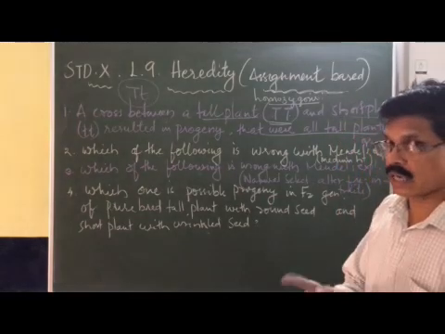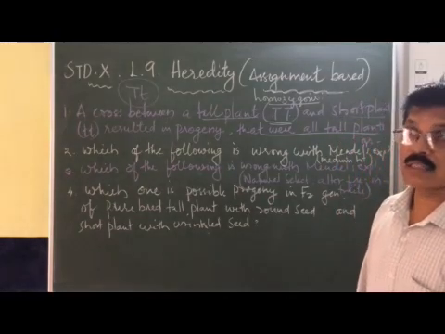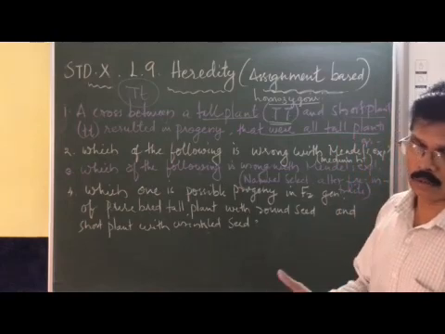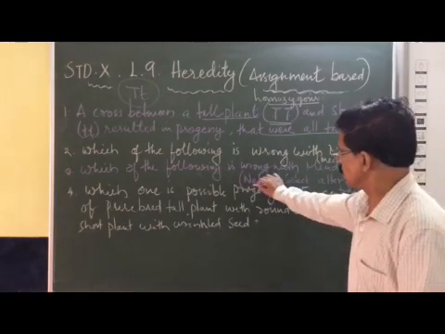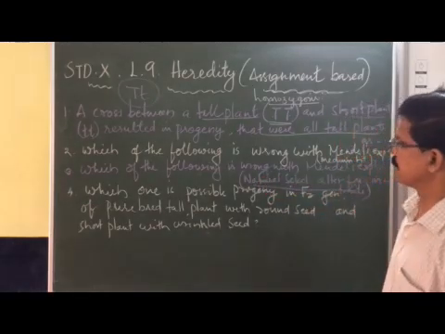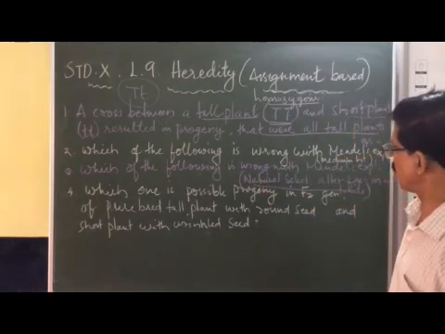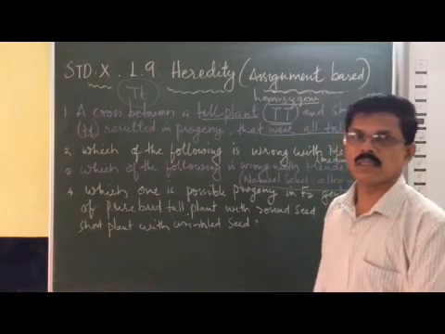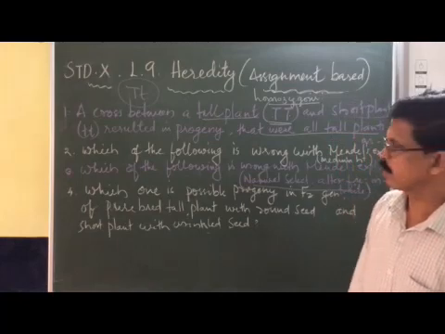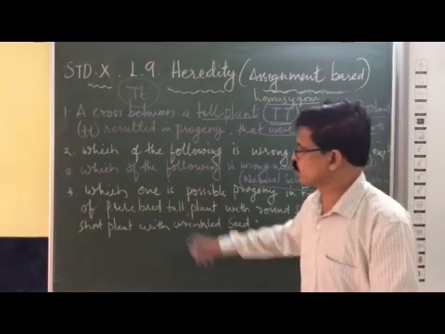Mendel said about the law of dominance. So this answer is natural selection. It means that Mendel never said that natural selection can alter the frequency of genes in a trait. Clear? Yes.